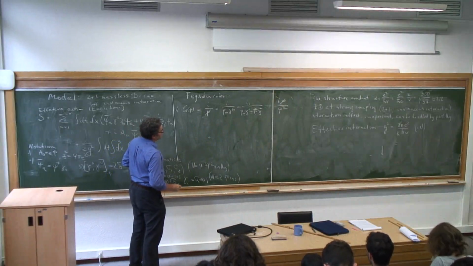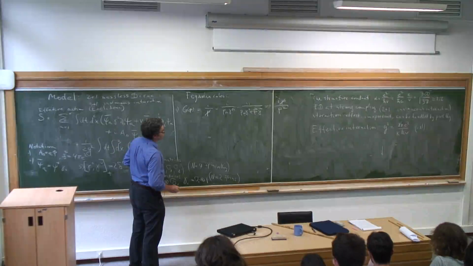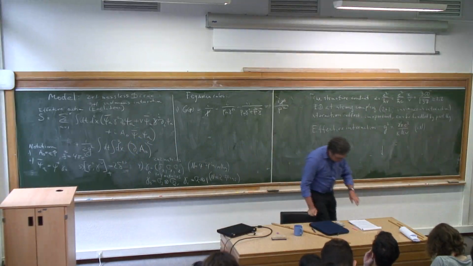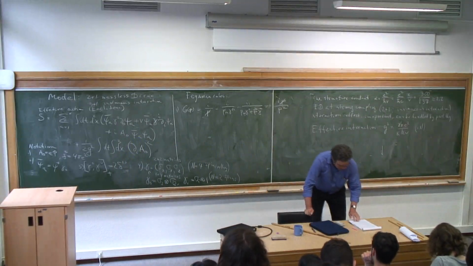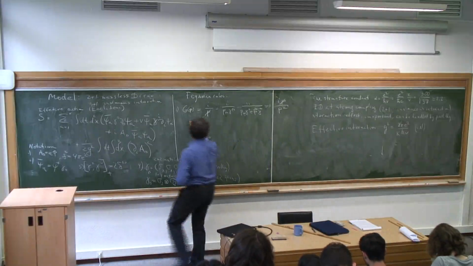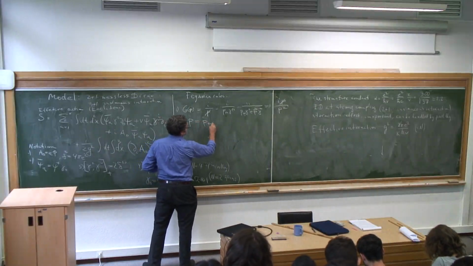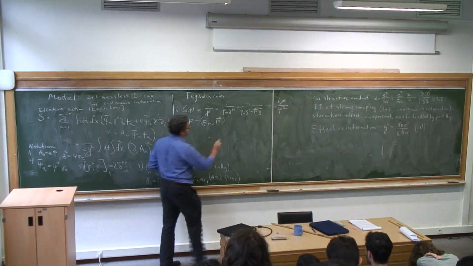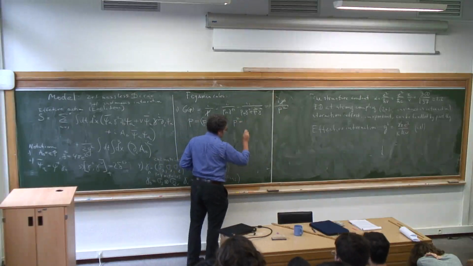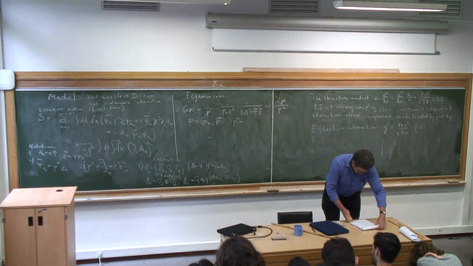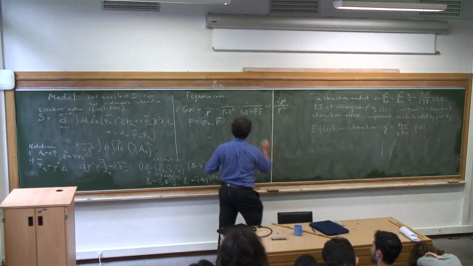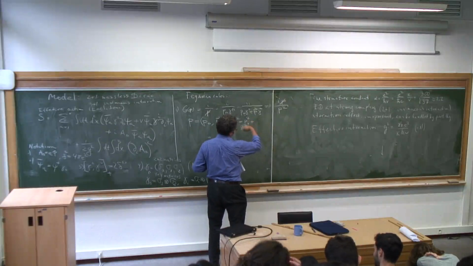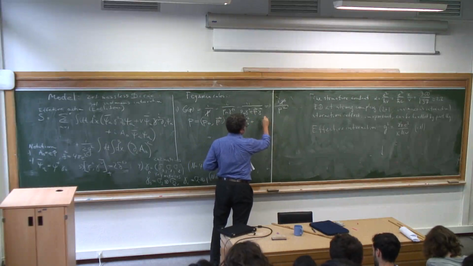And that's my P, and then P squared will be written as a square of the time-like component, which is energy or frequency, and the space-like component.